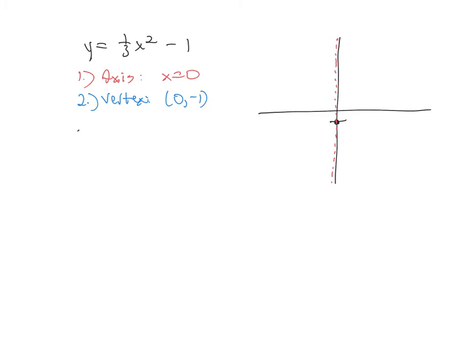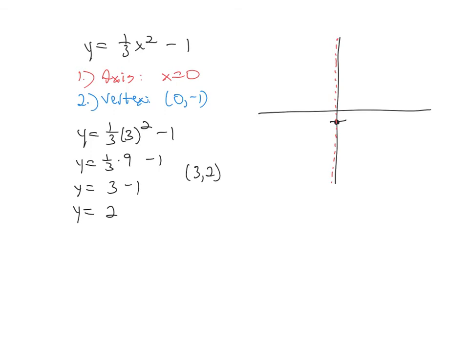Okay, so when we pick our numbers and we have a fraction, if you don't mind working with fractions, pick 1 and 2, but you're going to get fractions and it's going to be weird. So I'm always an advocate of pick the denominator. So y equals 1/3 times 3 squared. 3 to the second power is 9. 1/3 means divide by 3. 9 divided by 3 is 3. Minus 1 is 2. So I plugged in 3 and I got 2.